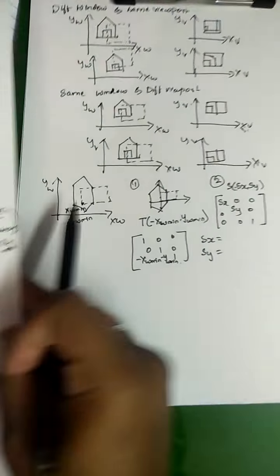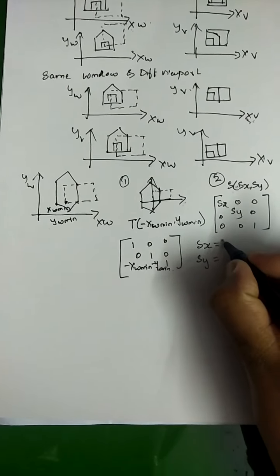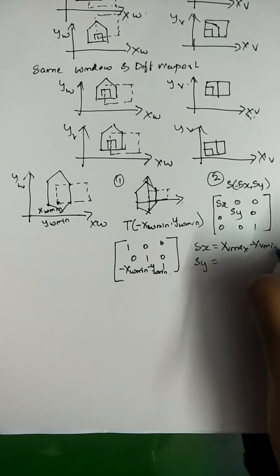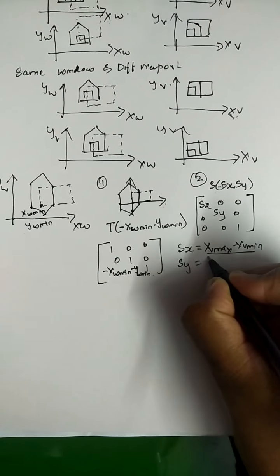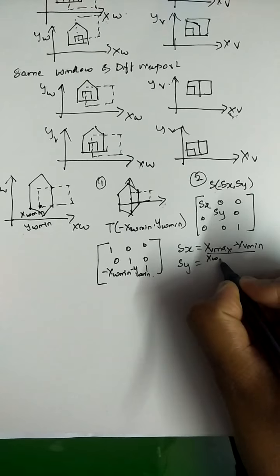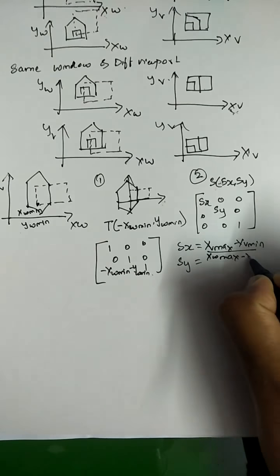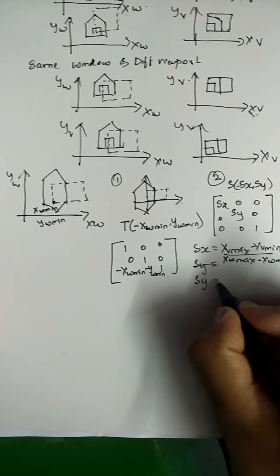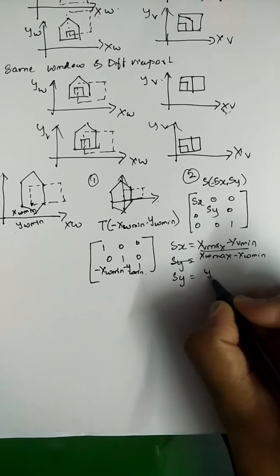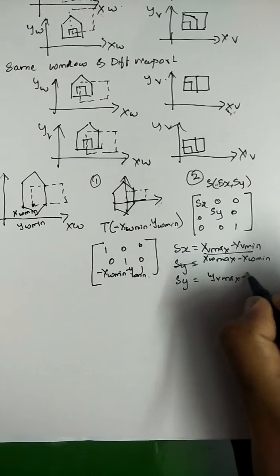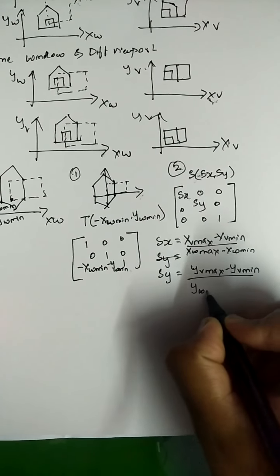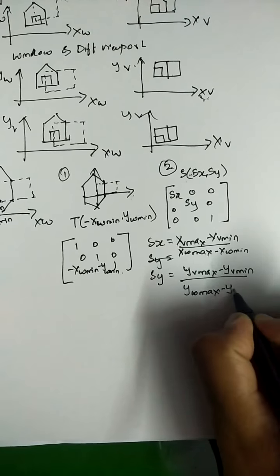I'll just write it down for your reference. That is, Sx equals Xv max minus Xv min divided by Xw max minus Xw min. Similarly, Sy equals Yv max minus Yv min divided by YW max minus YW min.